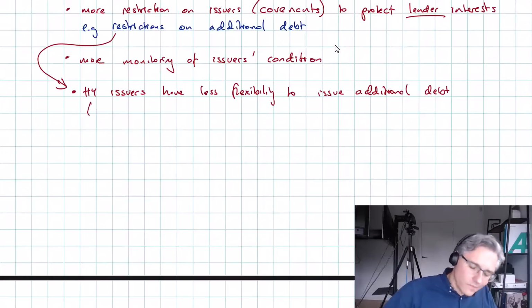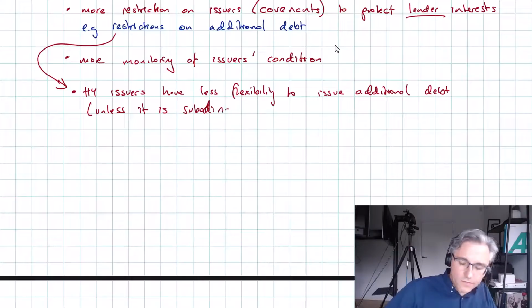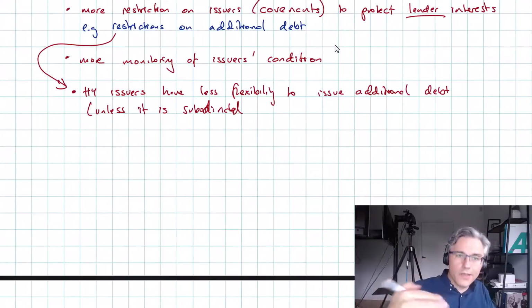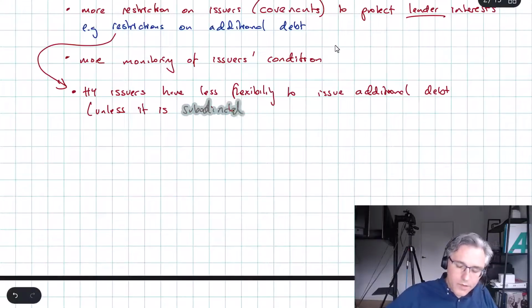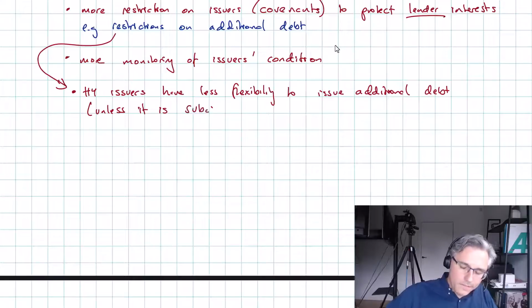Obviously, potentially it's going to be okay unless that new debt is subordinated, so ranks lower than the existing debt in the order in which claims are satisfied in the case of a liquidation. This didn't come out right, so let me rewrite this word, subordinated, to existing debt. Okay, good.